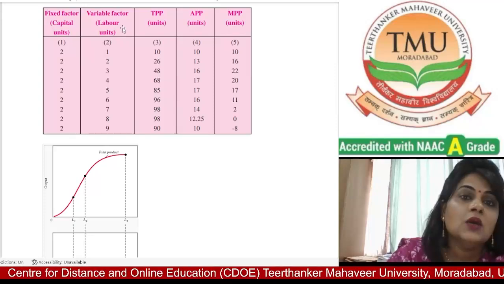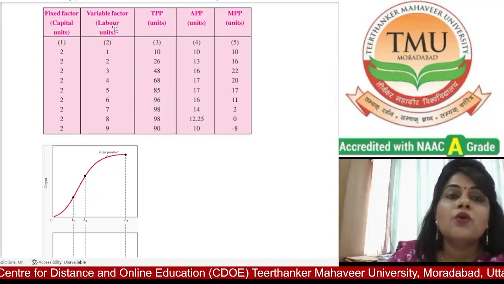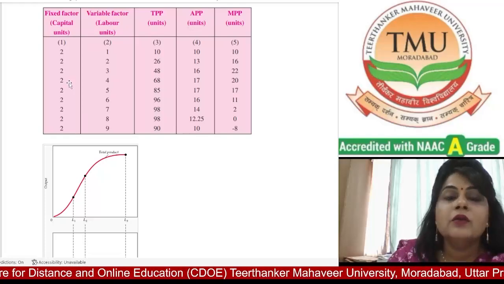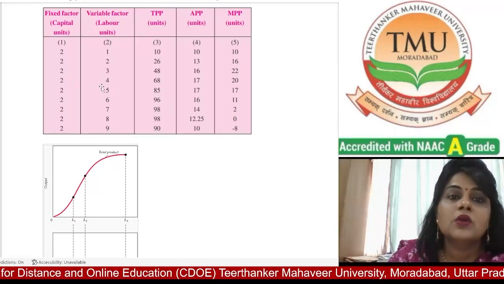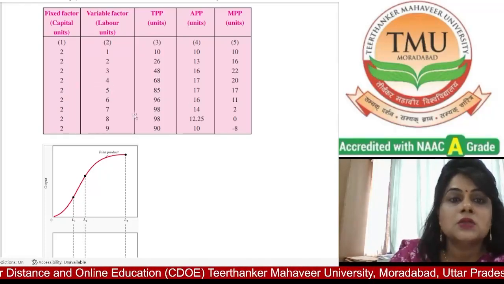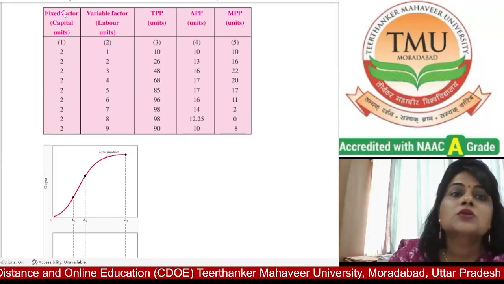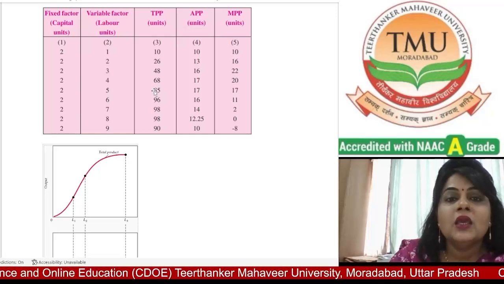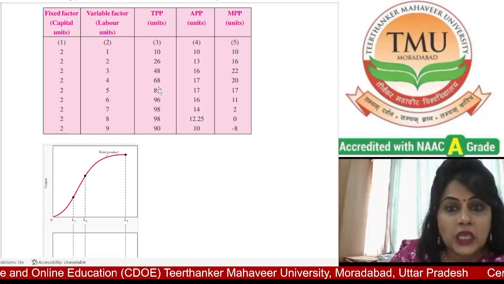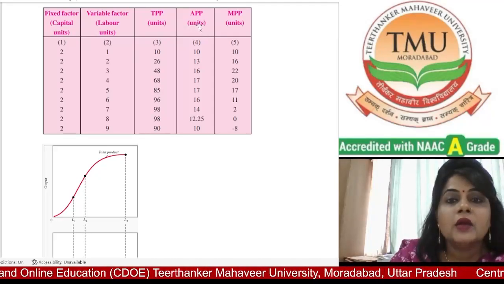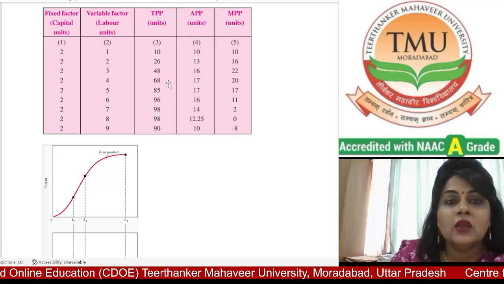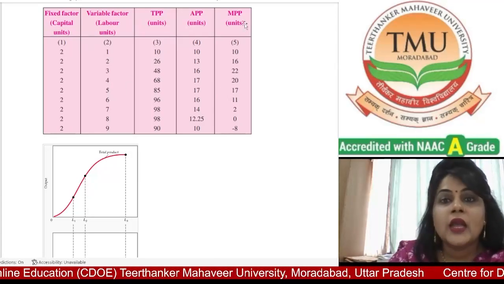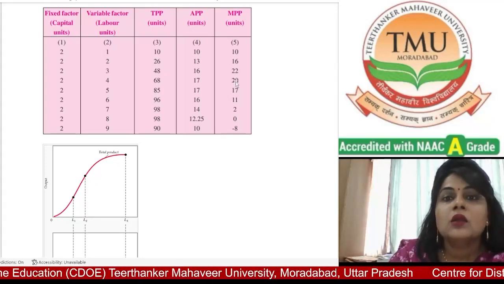Now further you see when we use the fourth variable factor, labor, and fixed unit 2. This is the short run, so we will not increase the fixed factors. So TPP becomes 68 and APP becomes 17, 68 divided by 4 is 17, and MPP is 20.